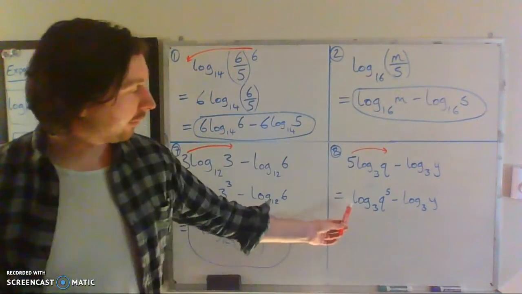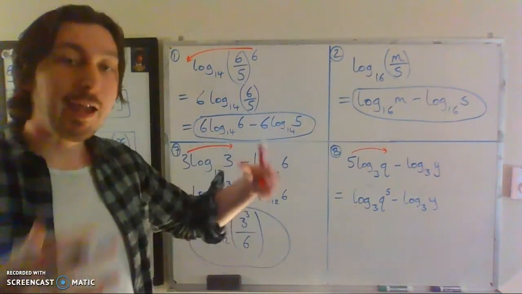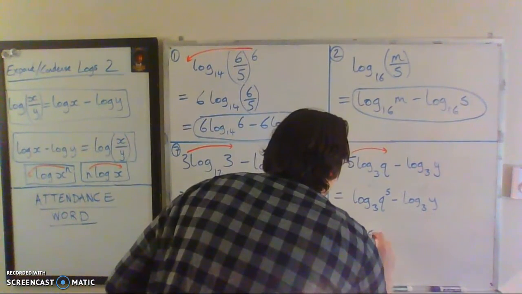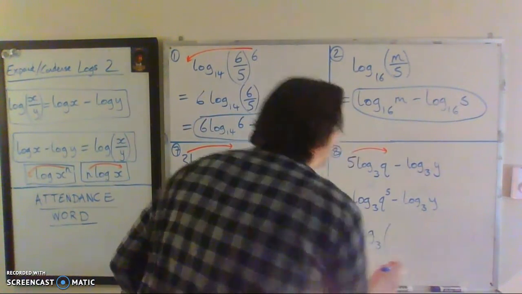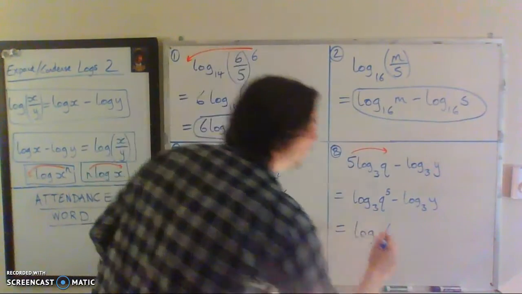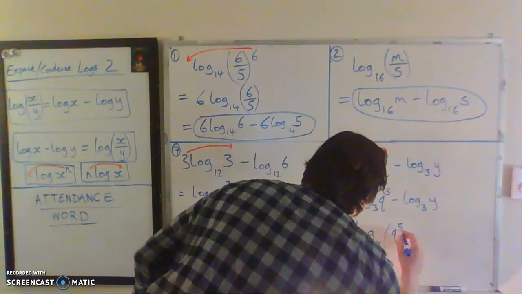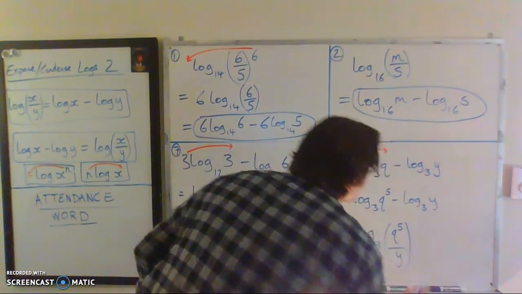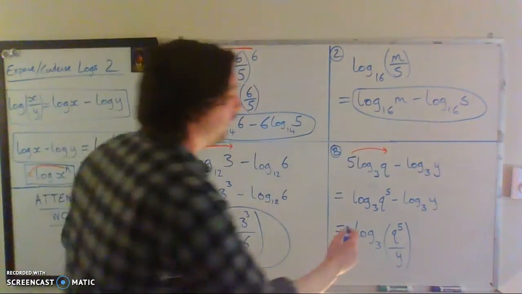Now that they're both just logs, with nothing in front, I can put them together. Whatever was in the first one goes on top. Whatever was in the second one goes on bottom. And that's number 8.